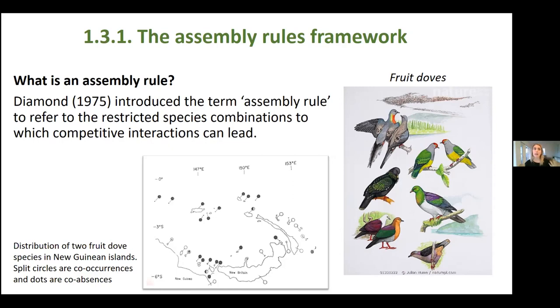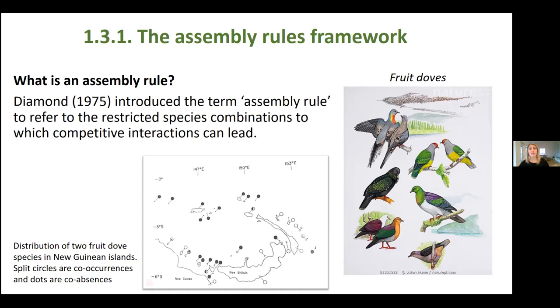Well, the term assembly rule was first introduced by Diamond in 1975 to refer to the restricted species combinations to which competitive interactions can lead. In his famous work in the New Guinean archipelago, Diamond found that in some islands we find one species of these fruit doves or the other species, but we hardly find two species combinations on the same island.